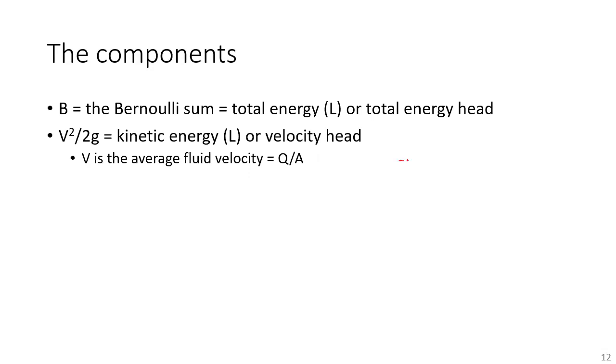So for example, if you're talking about a pipe, we're going to have some discharge, it's going to have a cross-sectional area, A. And so the average velocity, again, what we say is you basically have this average velocity across the cross-section. We know it's not constant. But what goes into the energy equation is the average velocity for the cross-section.